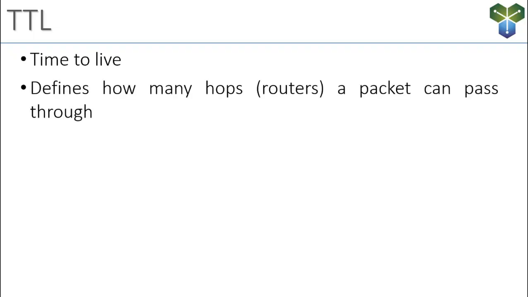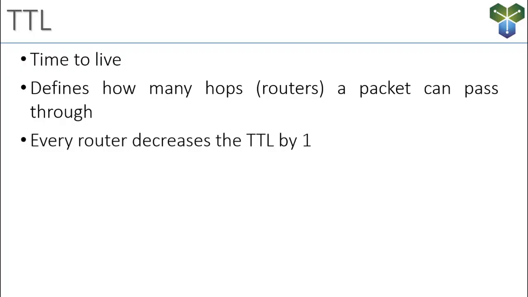Okay, so let's talk a little bit more about time to live. Time to live defines how many hops a packet can pass through. So basically, if I send an ICMP ping out there, how many routers can it go through before the packet gets dropped? And every router that the packet traverses will decrease the time to live value by 1.